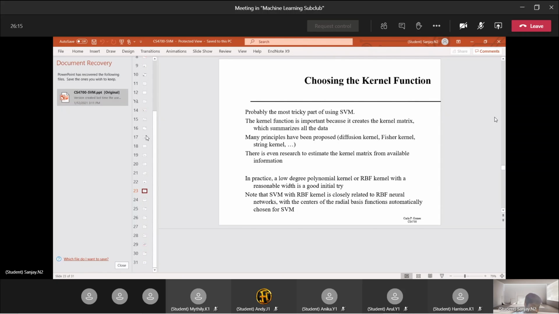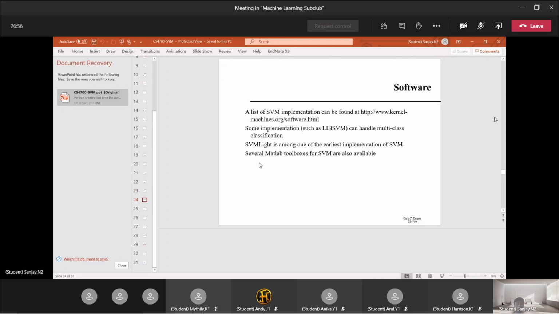Because I'll admit my math abilities aren't up to par with a lot of the stuff involved here. So I like to simplify things for myself, and I look into what works in practice and what papers that focus on the math conclude when it comes to the application of SVMs to real data. You can look into literature and a few other places to figure out what kernel function works best. But generally, I look at the task I'm working with and see what kernels have been used with similar SVMs to solve similar problems.